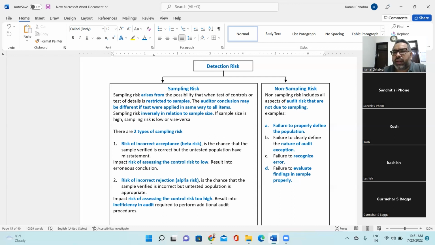When there is no misstatement in your sample, that gives you the comfort over the entire population, and you will accept the entire population considering there is no issue in that. Whereas actually there might be some issue in the rest of the population which has not been selected as a sample. That is called a risk of incorrect acceptance or beta risk.